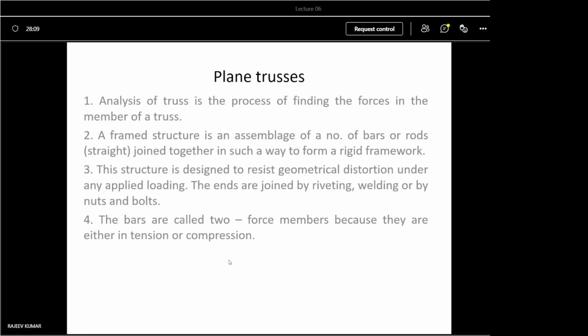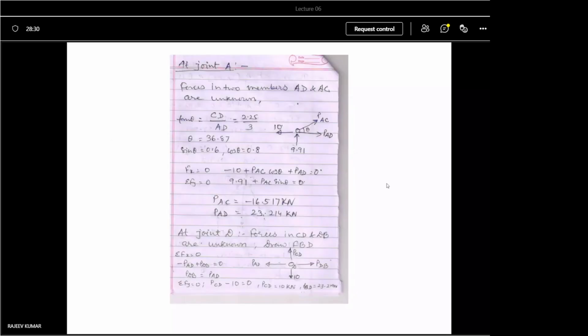The ends are joined by riveting, somewhere welding. Suppose six, seven members you weld, and after one member you put a rivet, or after so many members you put a bolt. Then what will happen? Lots of small structures will become one.